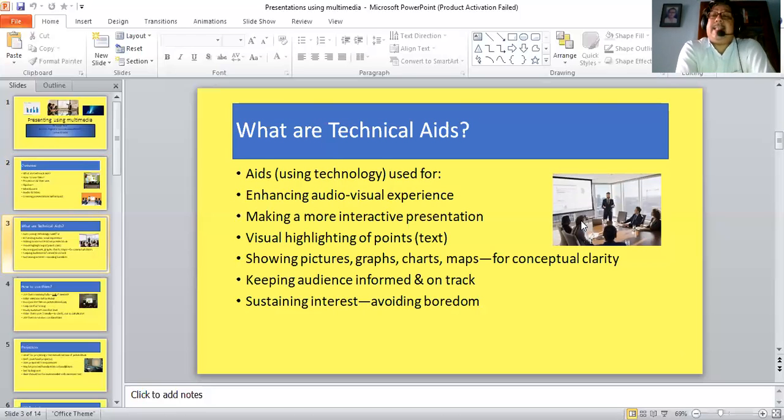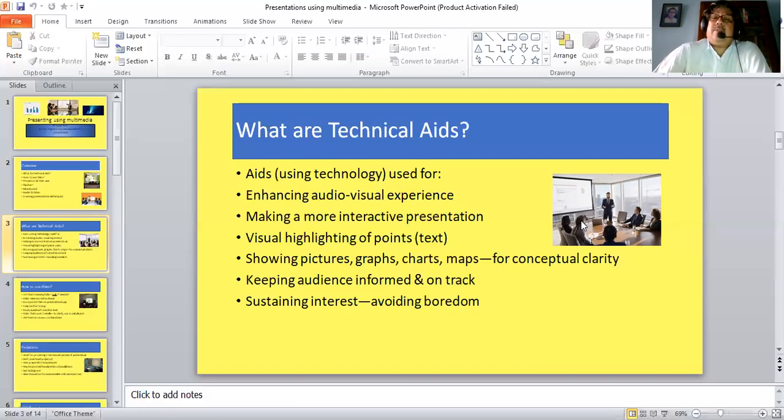Now, what exactly are these technical aids? Technology, especially in the 21st century, the digital age in which we are now, can be used in various ways to enhance an audiovisual experience, to make a live presentation more interesting, to make it more interactive, and for the visual highlighting of points or the text of the presentation.